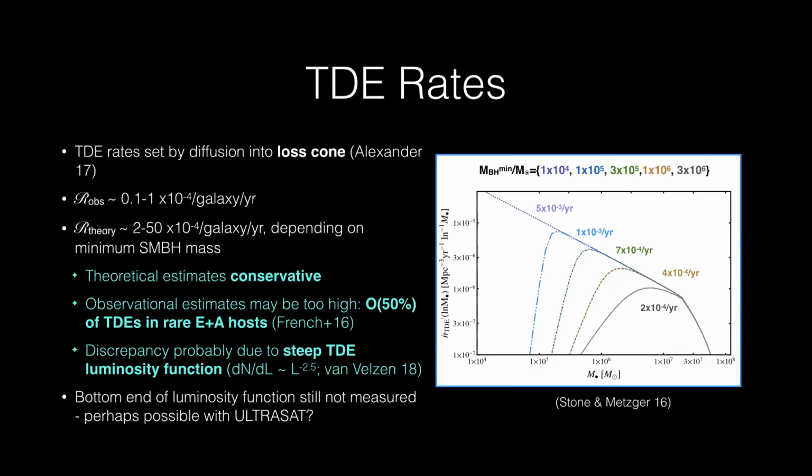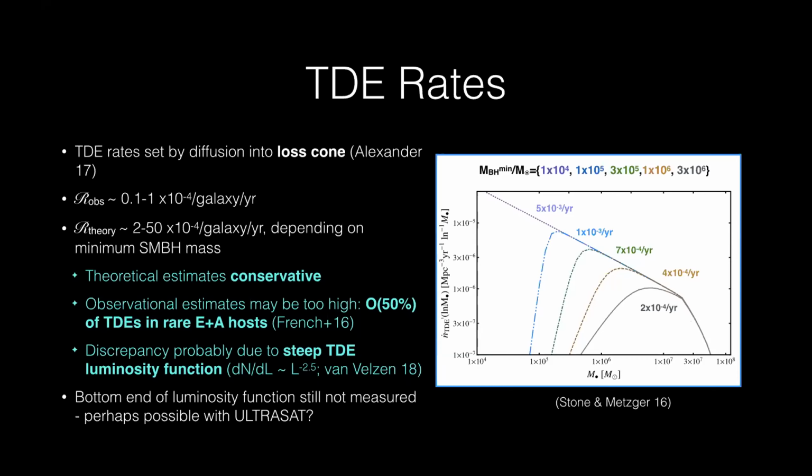And I think this is something that Ultrasat might be able to make major progress on, allowing us to really estimate an accurate volumetric or per galaxy event rate, which in turn would tell us something immediately about the occupation fraction of black holes in dwarf galactic nuclei.